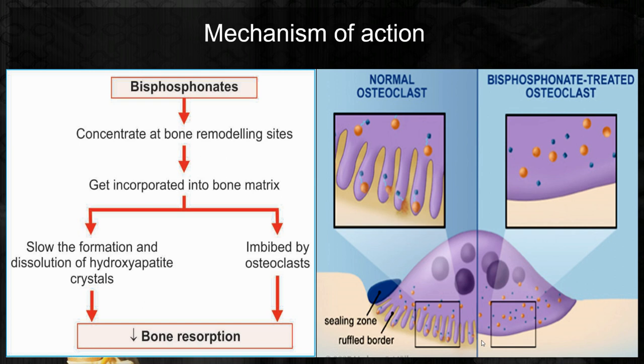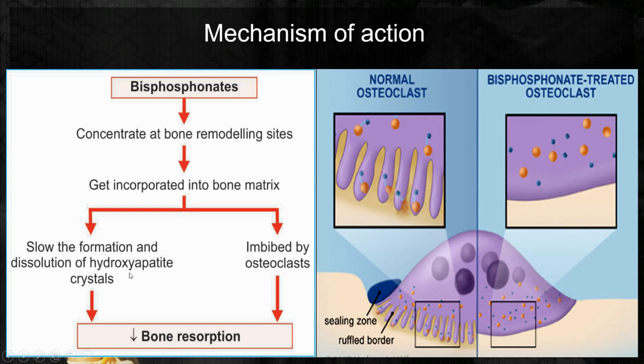So, in a nutshell, whenever a patient is treated with bisphosphonates, due to their chemical similarity, the drug gets concentrated at the bone remodeling sites, gets incorporated into the bone matrix, and then gets imbibed by the osteoclast, inhibits the ruffled border formation, and reduces bone resorption.